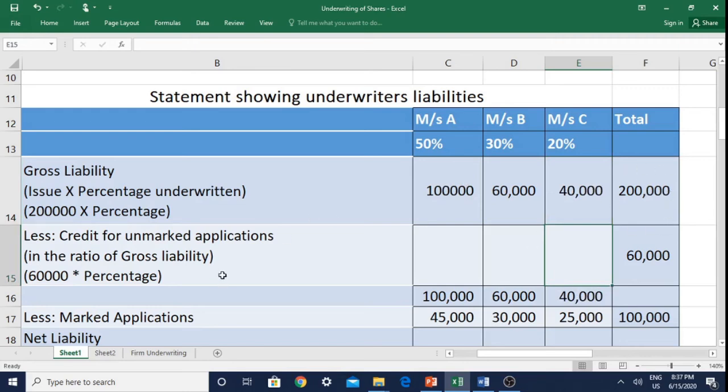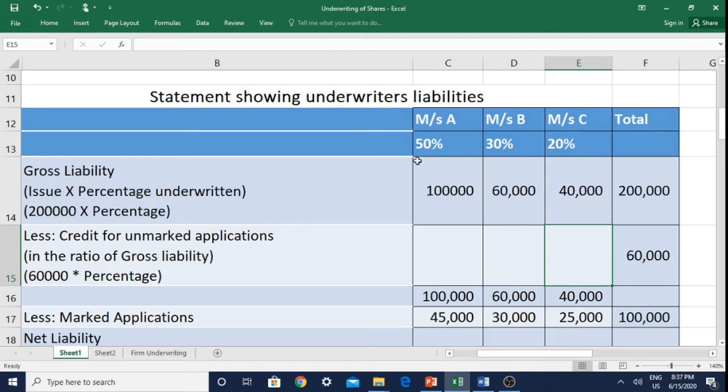Now, unmarked applications will have to be deducted. But how do you allocate that among the three underwriters? Always it is done by taking the ratio of gross liability. So we have a total of 60,000 unmarked applications. The benefit will be given to all the underwriters.